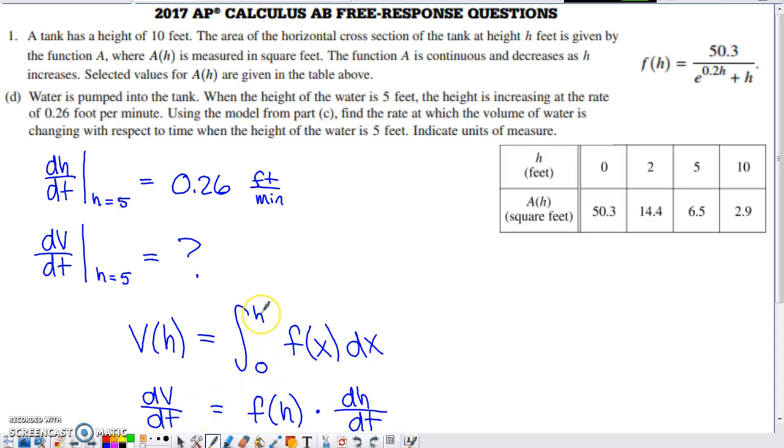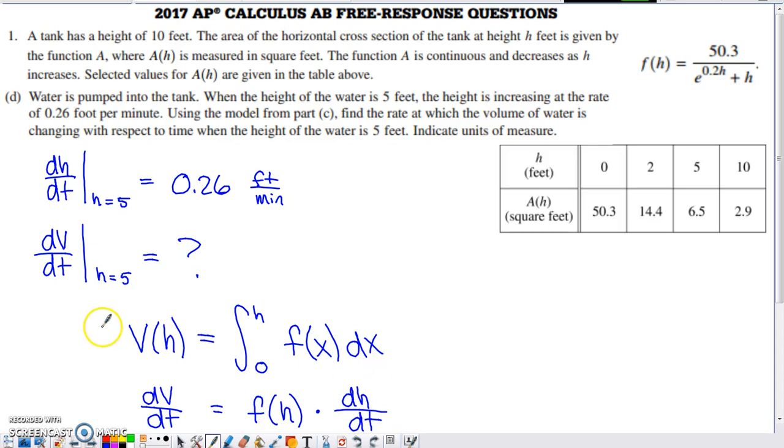So that's going to depend on how high the water level is. So this integral has been manipulated to just go from 0 to h, and you will notice I took the function f, but I swapped out the variable. My variable h is that upper limit of integration, so I'm going to have to pick a dummy variable to replace the variable h in the function that represents the area of the face of one of these cross sections. And you see that that is also the letter I put within this differential.